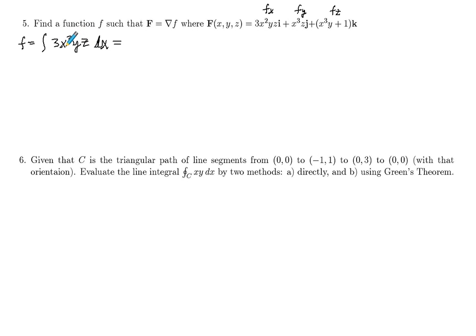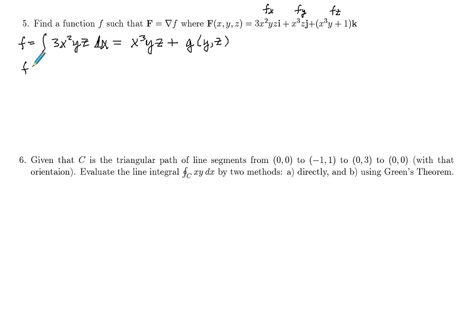The integral of x squared is x cubed over 3, and then that 3 in the denominator will cancel this one. So we get an x cubed yz plus there could be some y and z terms in f that got differentiated down to 0. So you've got this function g that depends only on y's and z's.